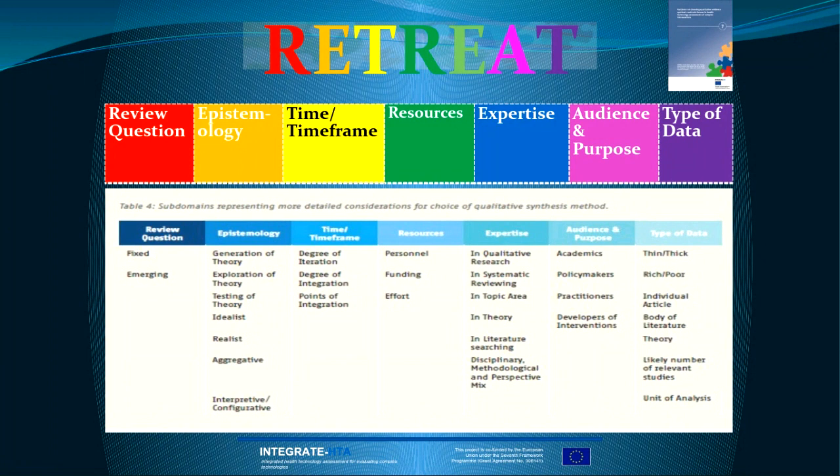If we only have thin data, then that means that our choice of methods is perhaps restricted, whereas thicker data will allow us to use methods that unpick context or help us to unpack theory.